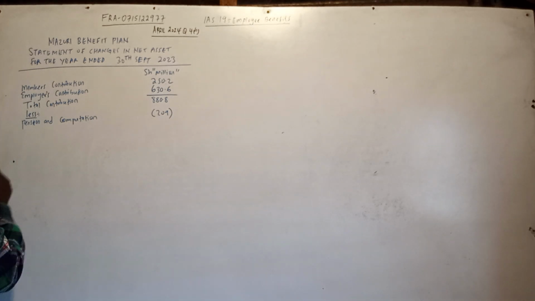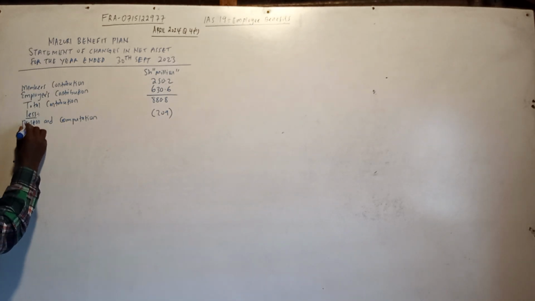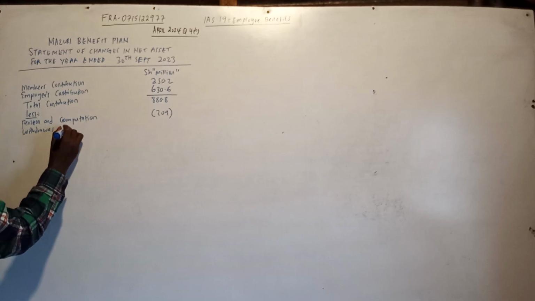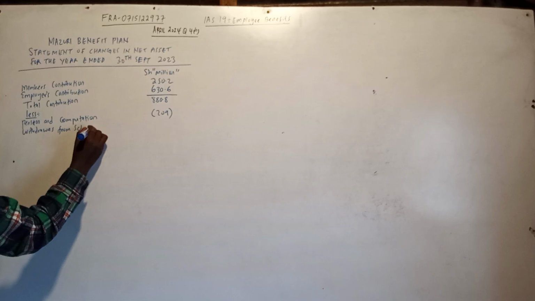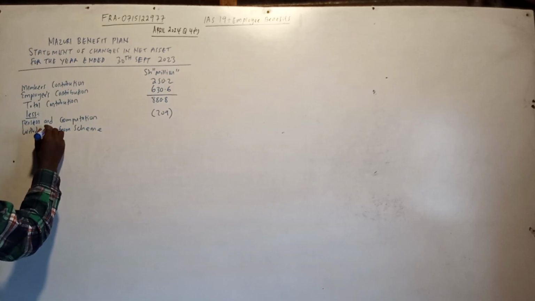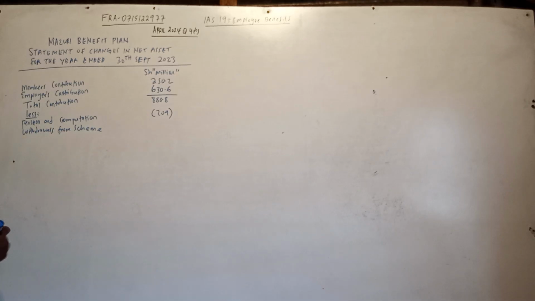Then you have withdrawals from the scheme, which is 15, the second last.